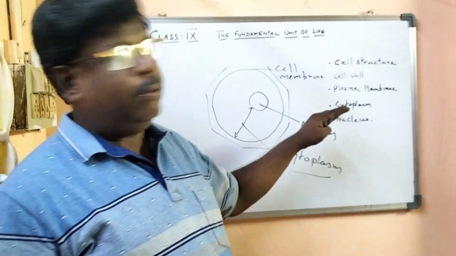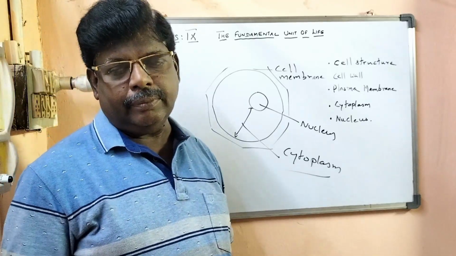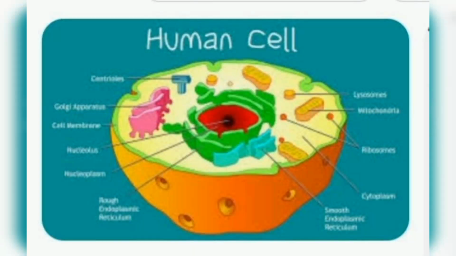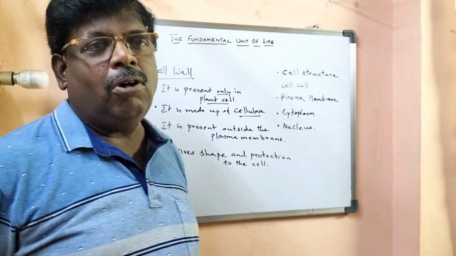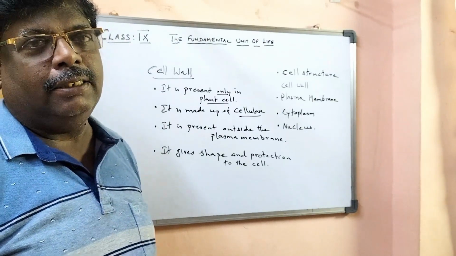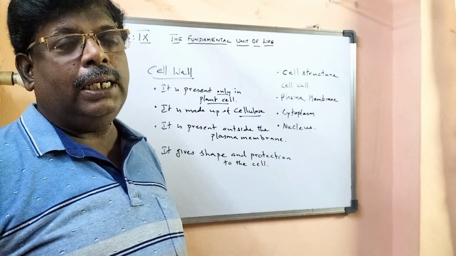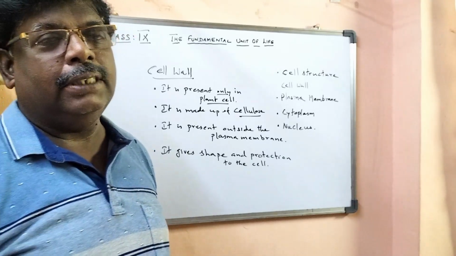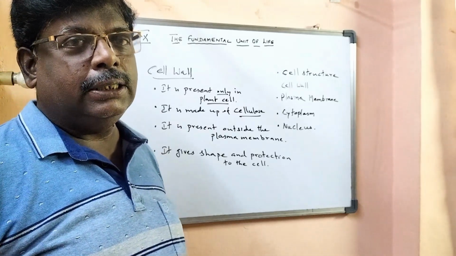So let us see about cell wall. Cell wall is present only in plant cell. In animal cell it is absent. The cell wall is made up of a substance called cellulose.